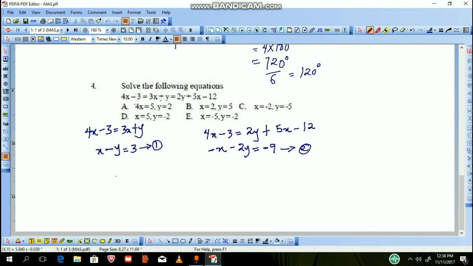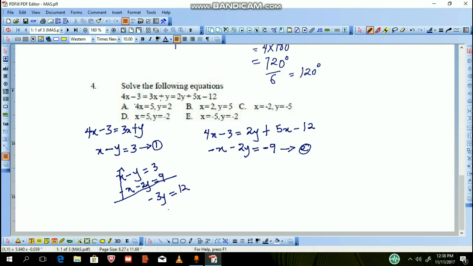So if I decide to use the elimination method, if I add this equation to this, this plus this, that will be this. Then this plus this, that will be negative 3y equal to this plus this, that will be 12.